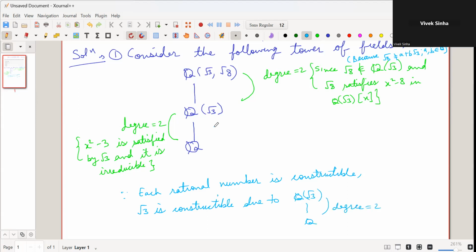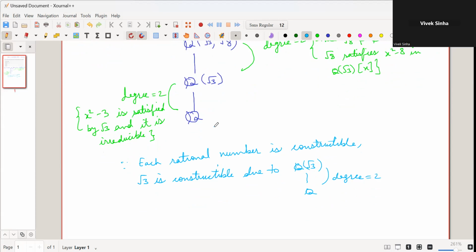Last time we saw that a number is constructible if and only if there is a tower of fields, each of degree 2, and the number belongs to the topmost field. So for this tower, root 3 is here, and it is just a degree 2 extension of Q, so it is constructible. And root 8 is constructible due to this tower.